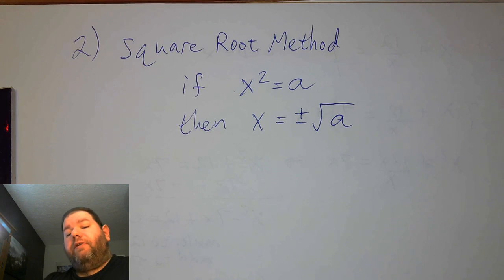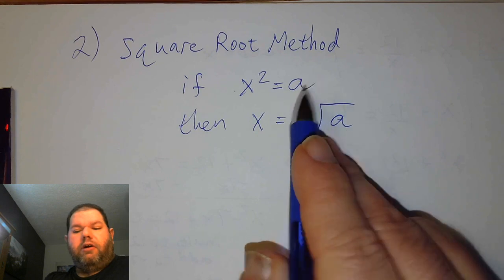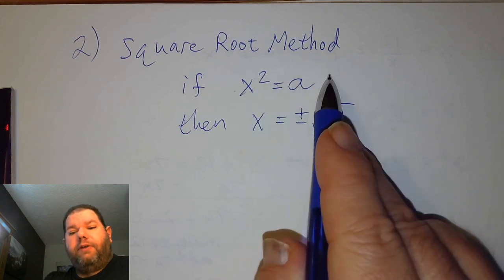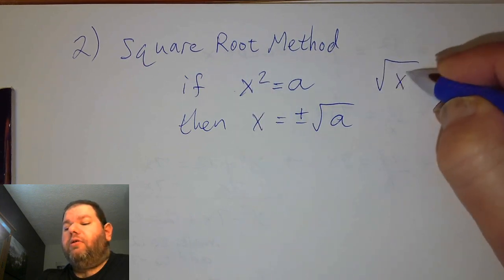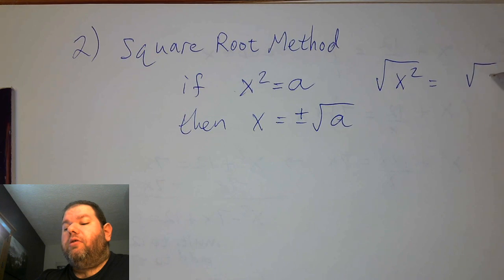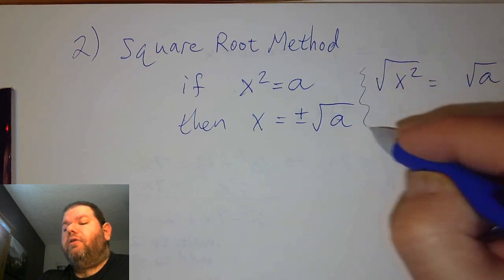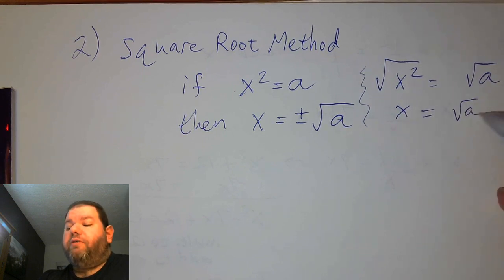And the idea is that if we have x squared equal to a constant, just a number, then we can just take the square root of both sides and say, okay, square root of x squared, which is x, and then the square root of a, which is square root of a.